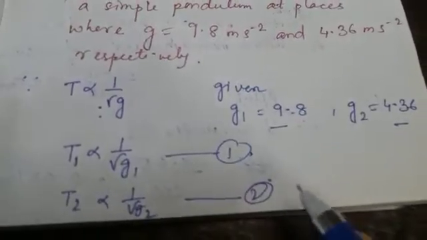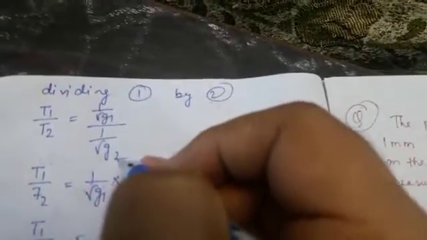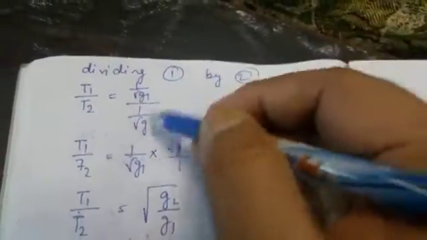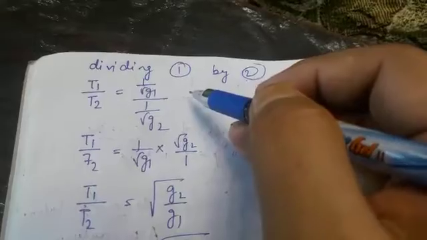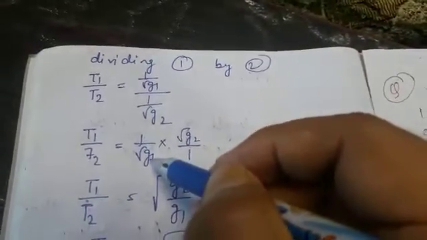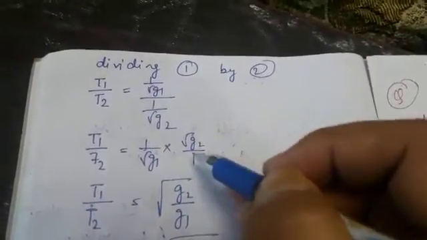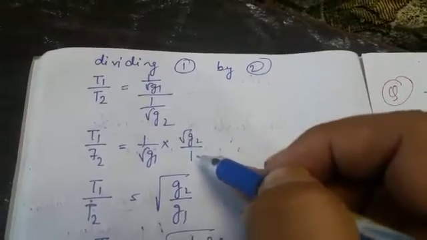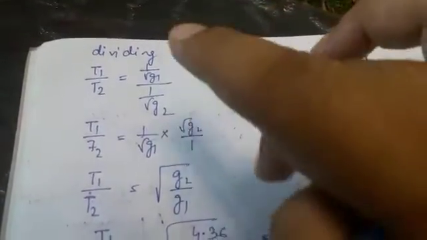Keep this as the second equation. Now dividing the first equation by the second, you will get T1 by T2 on the left hand side equal to 1 by root under g1 divided by 1 by root under g2, right? Since this is a division, you just take the reciprocal. So 1 by root g1 means root under g1 into root under g2 by 1. We are just taking the reciprocal since it is division.